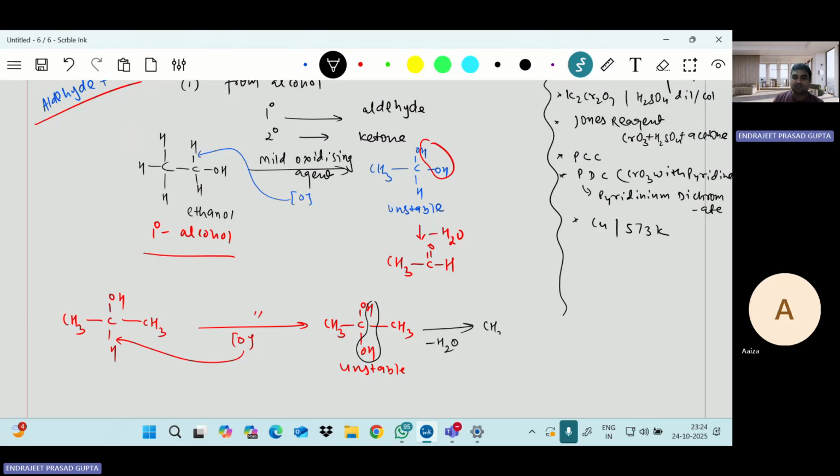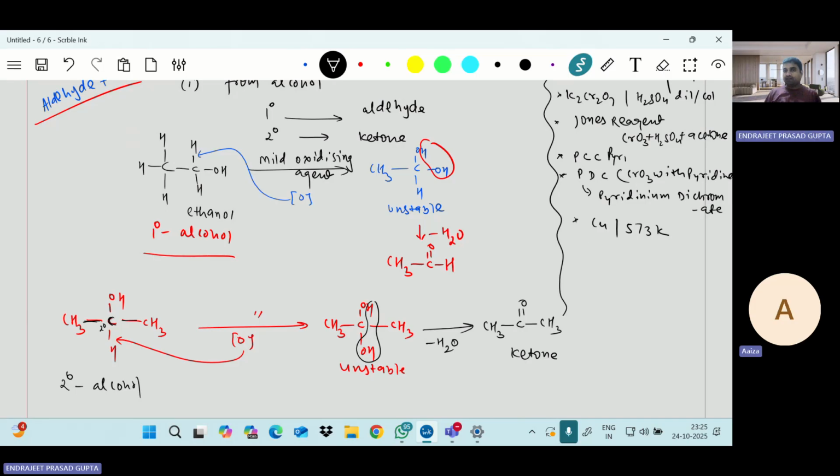You will get CH3 C=O CH3, which is a ketone. Why is this a secondary alcohol? Because the OH group is present on a carbon which has two side carbon chains, so this is a secondary carbon. Are you getting what I'm trying to say? Yes, sir.